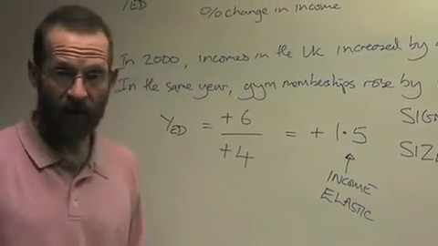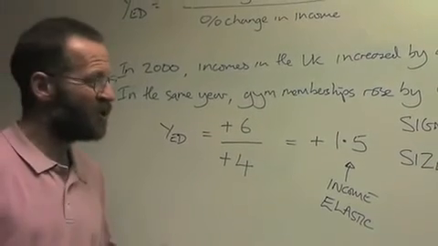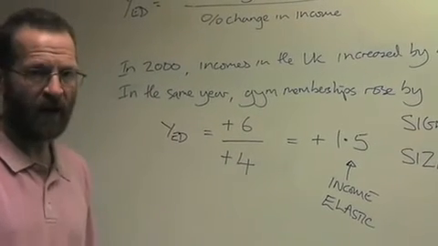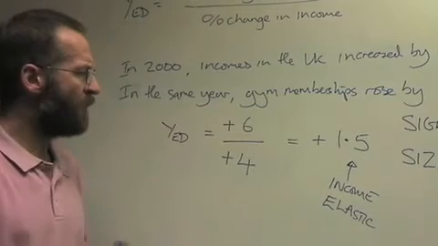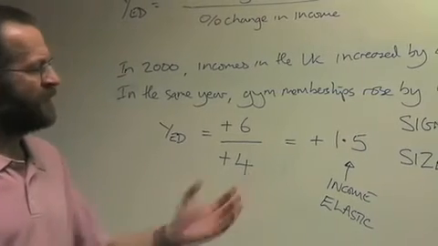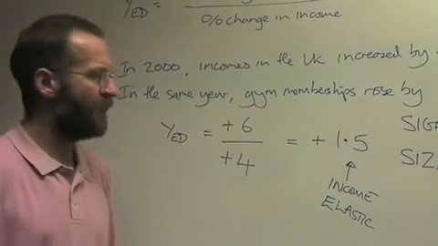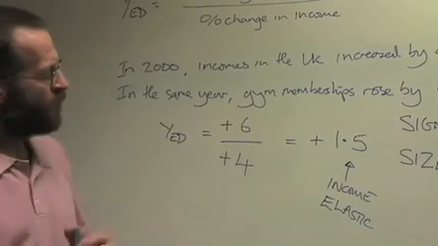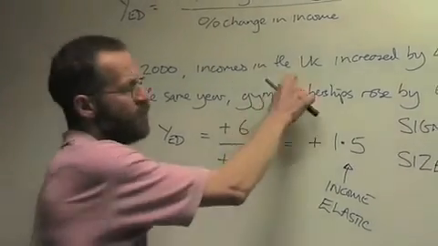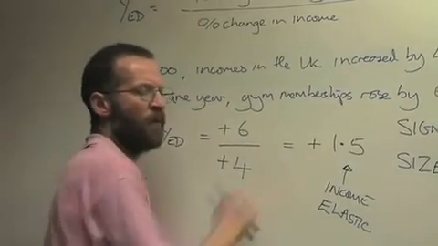Once again, however, the firm should not place too much emphasis on the figure. The key issue I would focus on here is how relevant this income elasticity figure is to your business. So the UK figure is plus 1.5.